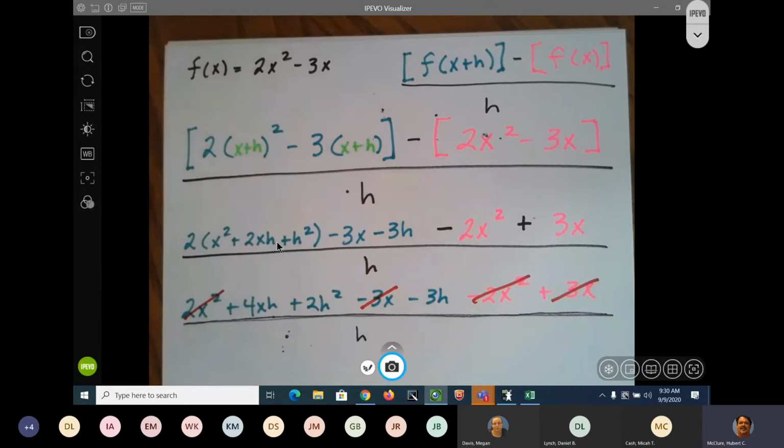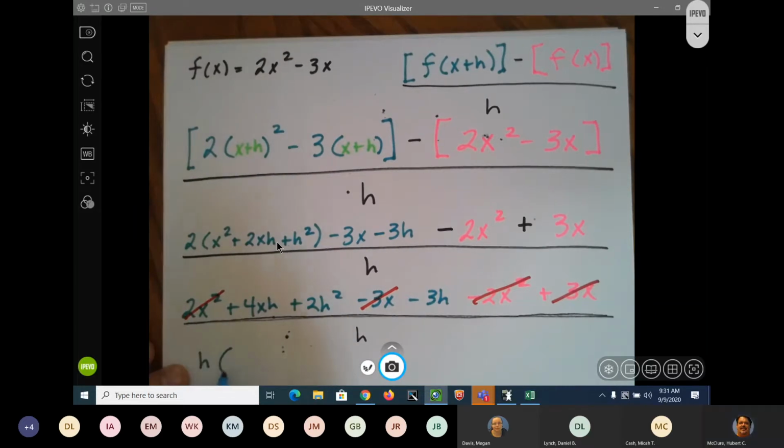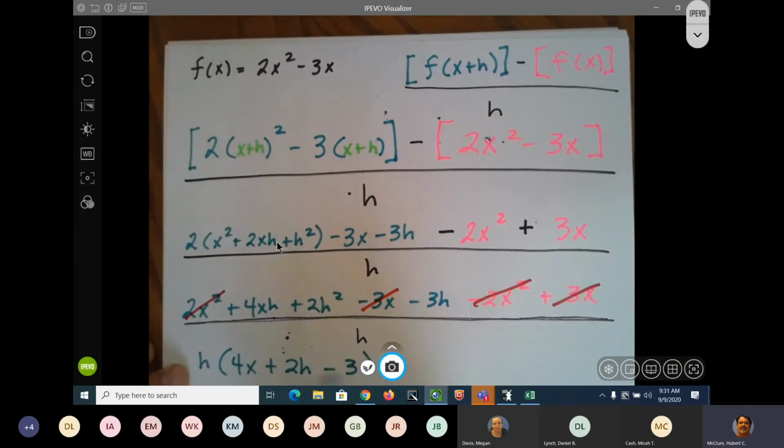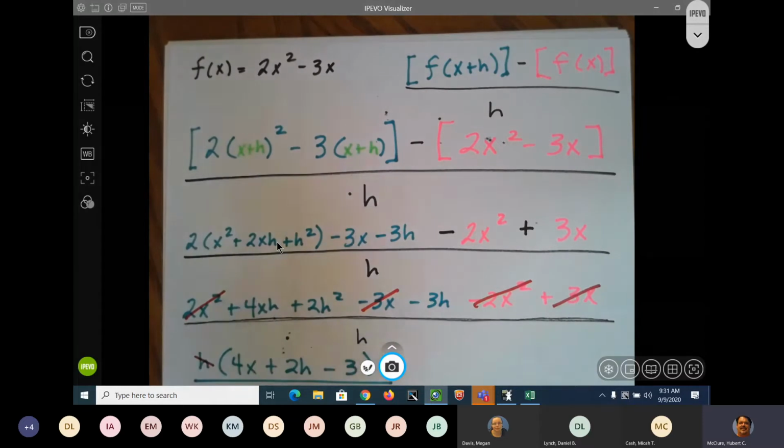And you always factor out the h. And that's going to be h times 4x plus 2h minus 3. And divide that by h. And of course, the h's cancel. And you're left with the answer.